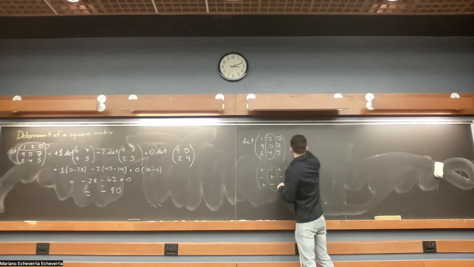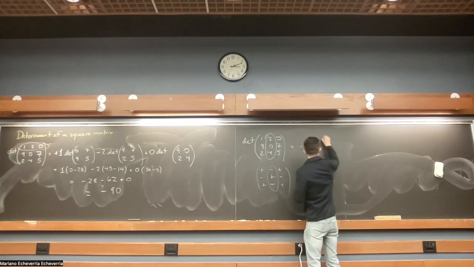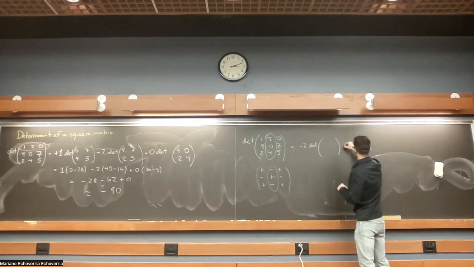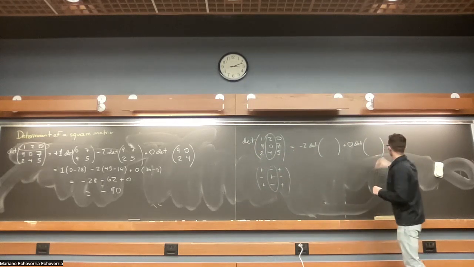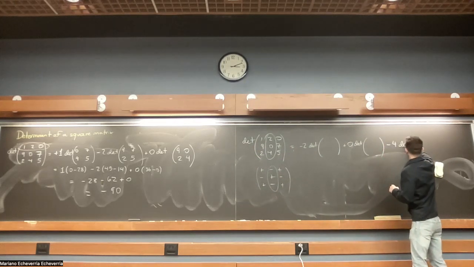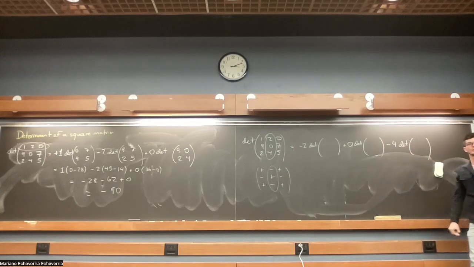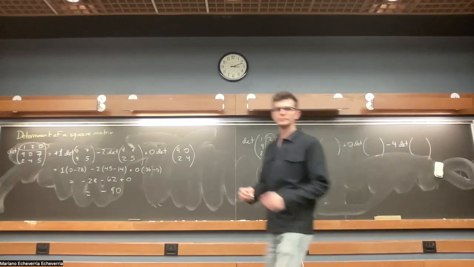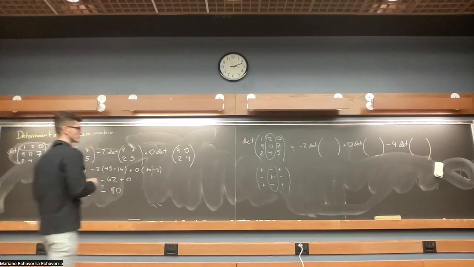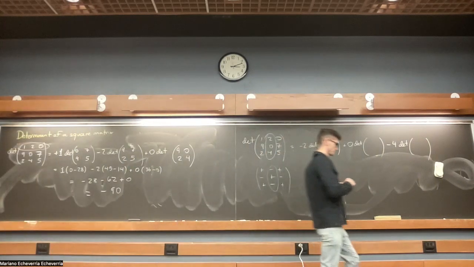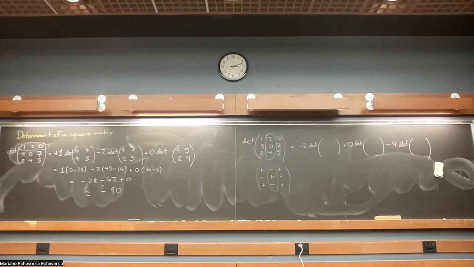So it's minus 2 times the determinant plus 0 times the determinant minus 4 times the determinant. Okay. And now we do exactly the same.